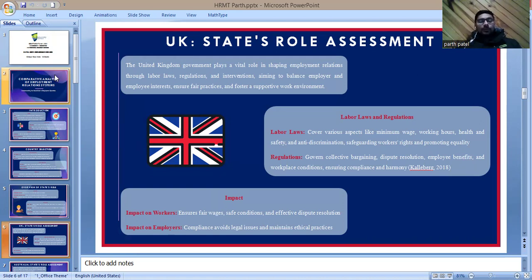If we talk about the impact on workers, the regulations regarding labor help increase the opportunity for fair wages, which cover pay, health, safe conditions, and effective dispute resolution. Second, impact on employers. This can identify legal status and legal issues, and maintain ethical practice between the employer and employees.